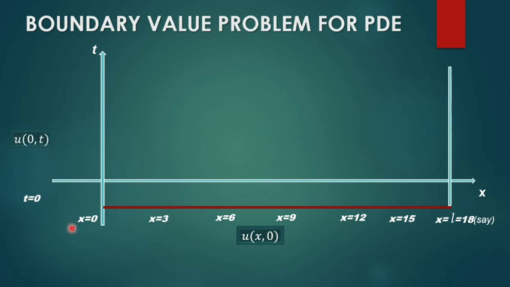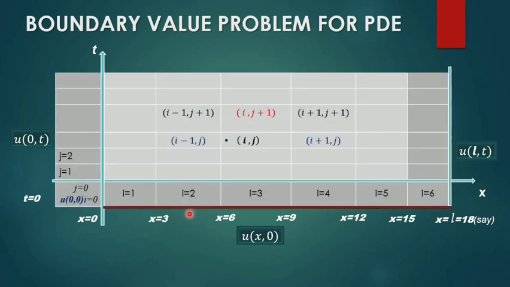Similarly, at the end points of that rod, you have u of 0 comma t known at one boundary, and u of L comma t known at the other boundary. Then we are able to find the value of u at these internal points, that is when x is equal to 3 at any time, when x is equal to 6 at any time. So we have made this length discrete.